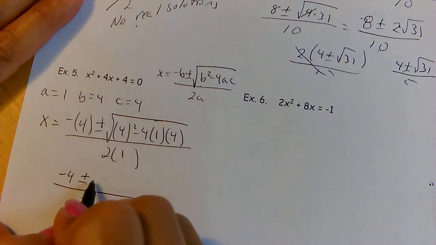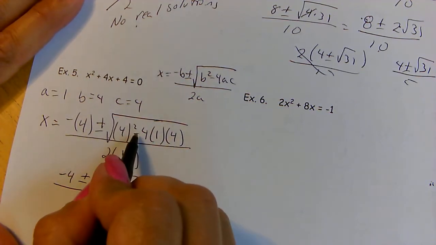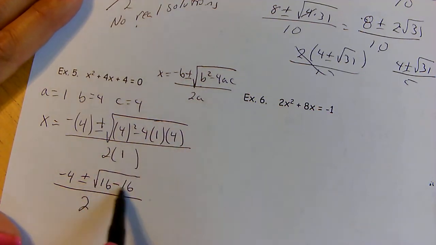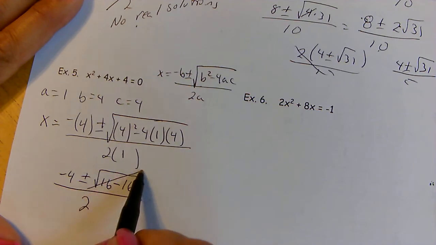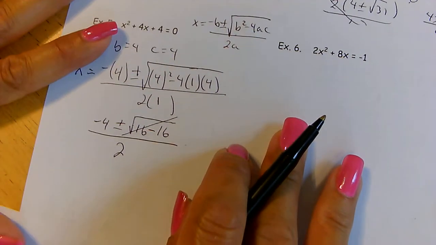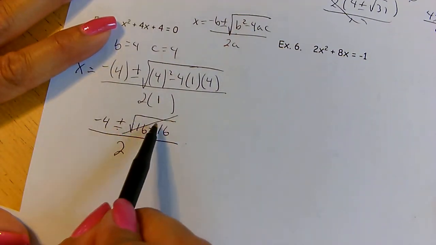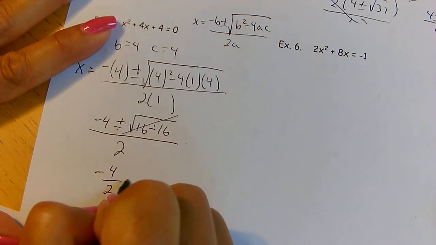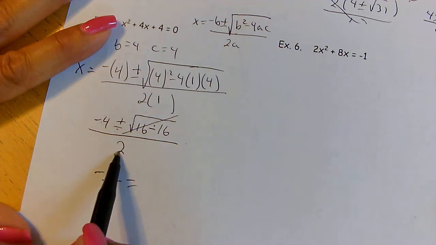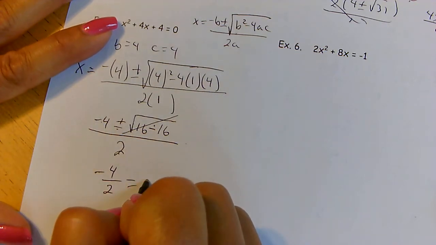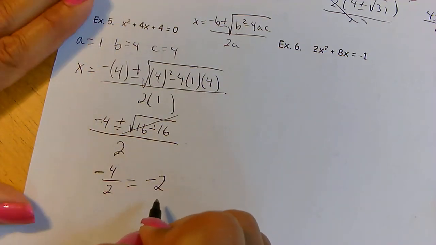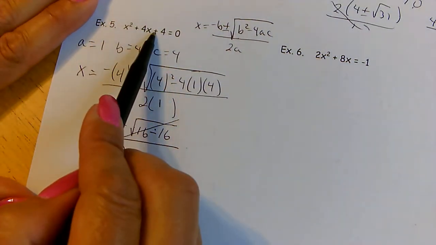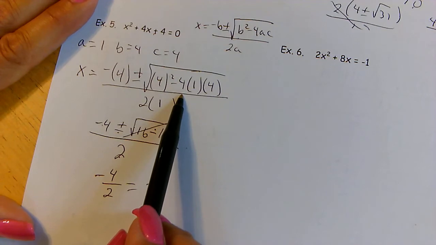This is going to be positive 16 minus 16, so that goes to 0. So plus or minus nothing is nothing, so we're just left with negative 4 divided by 2 is negative 2. So I only have one solution. I could have factored this easily, but it also works with the quadratic formula.